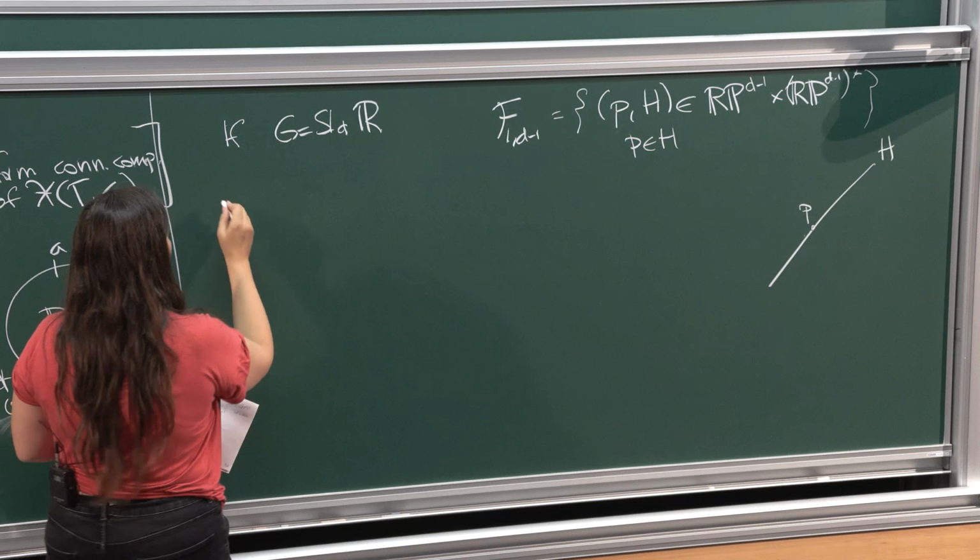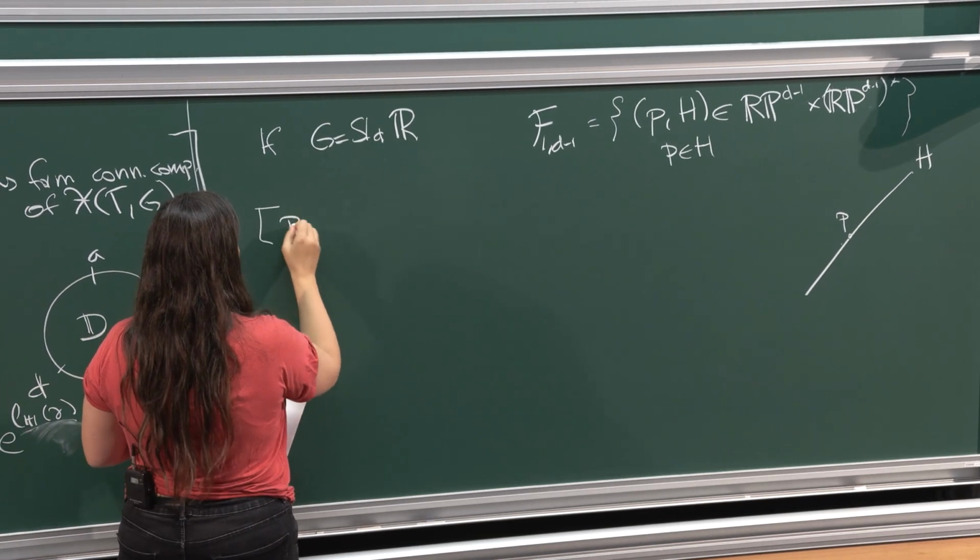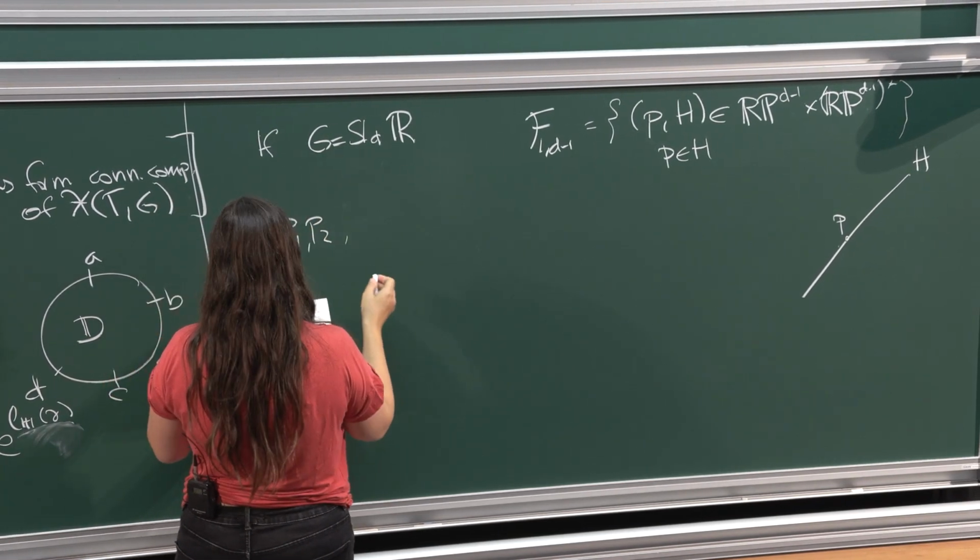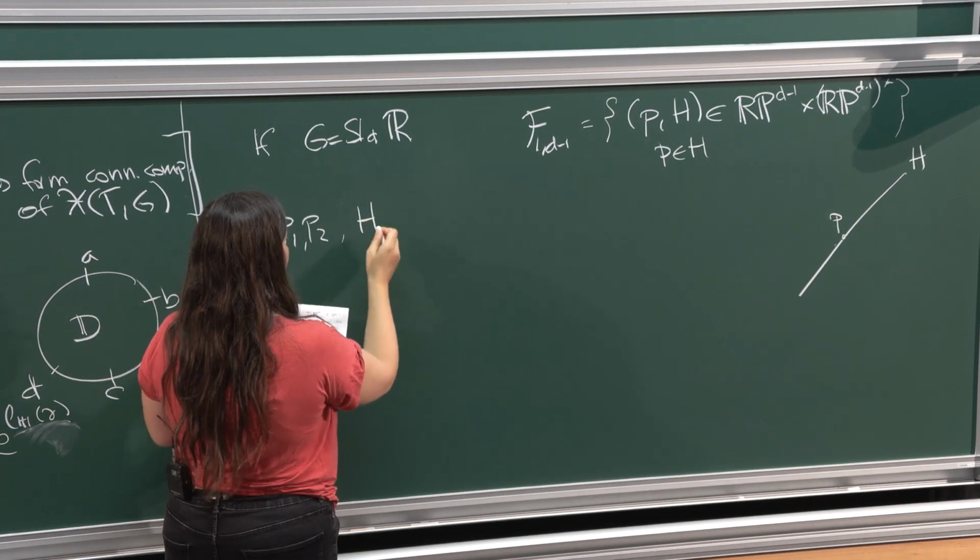And one can write a cross ratio that I'll write p1, p2, H.